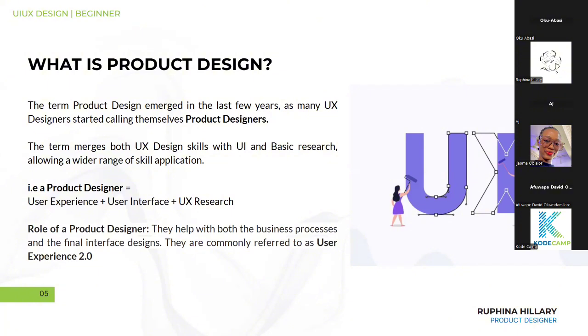User experience is how you relate with a design, how we're able to use it, how usable it is. But user research deals with solving problems. So what is the problem that this application or this digital product wants to solve? A product designer is a person that critically thinks and actually uses the user interface or user experience, the digital tools like Figma and all that, to solve that problem.